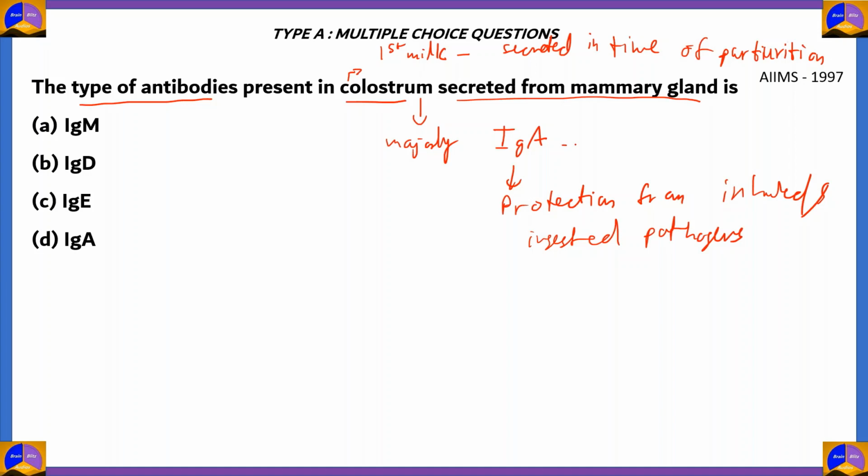So IgA develops the mucous membrane protection, and that is the strongest kind of protection and the most important kind that a baby needs. So IgA must be fed to the baby first. So option D is the right option. Since A, B, C are incorrect, let's check out why. IgM, immunoglobulin M, is used for recognition of pathogen.